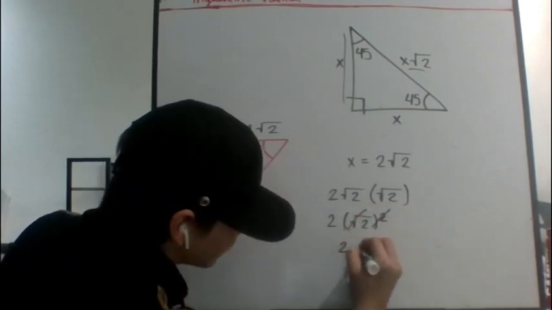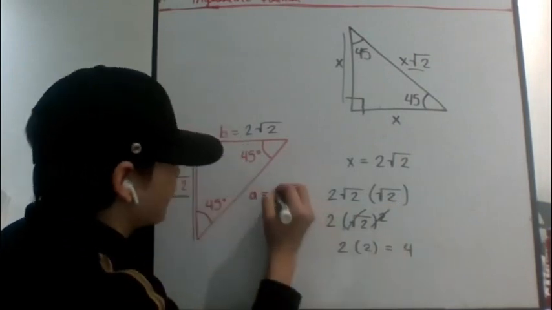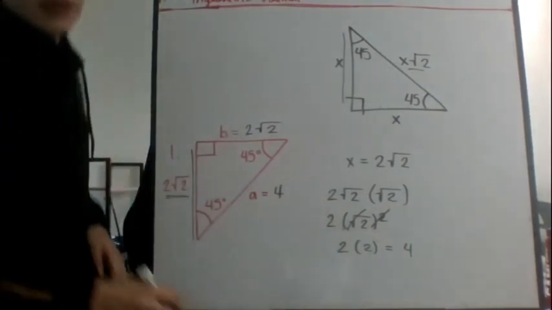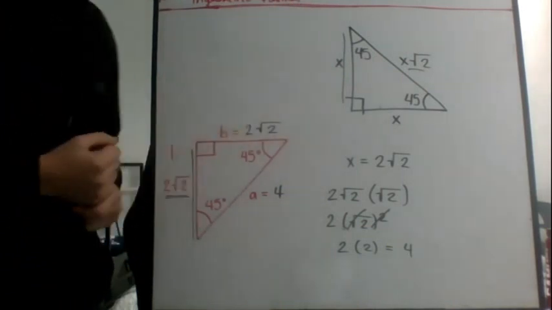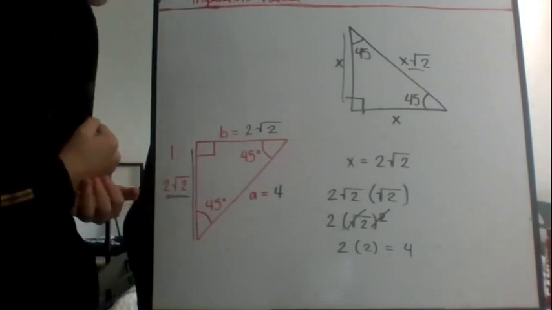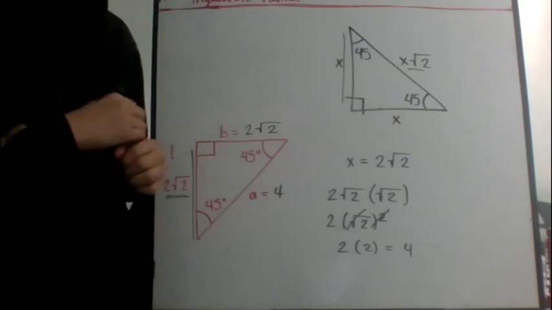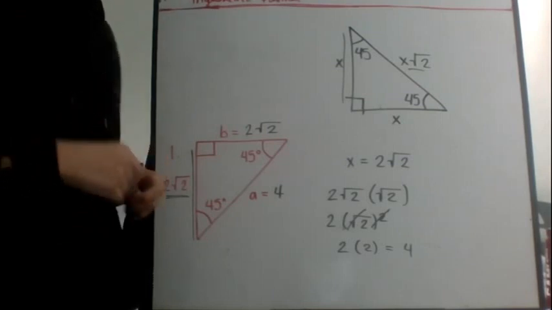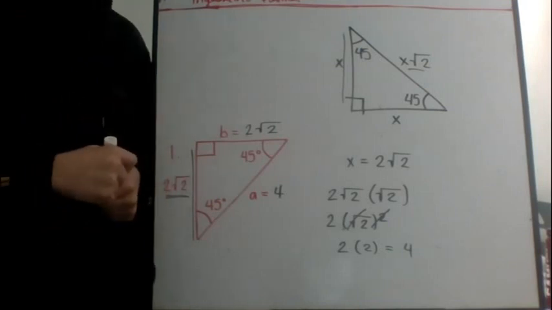So at the end we will have 2 by 2 equals 4. As you can see, once you have one side of the triangle, it's very easy to get the answer. It might look a little bit confusing, but once you understand it, it's very easy. And well, let's go to another exercise, but of the other special triangle.